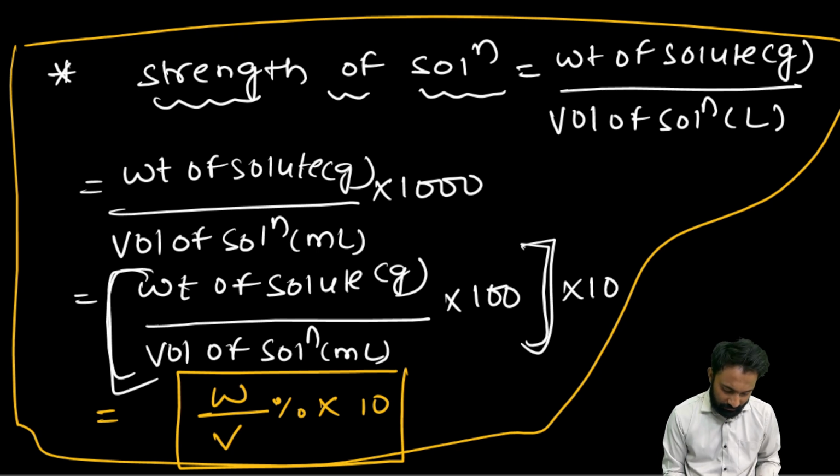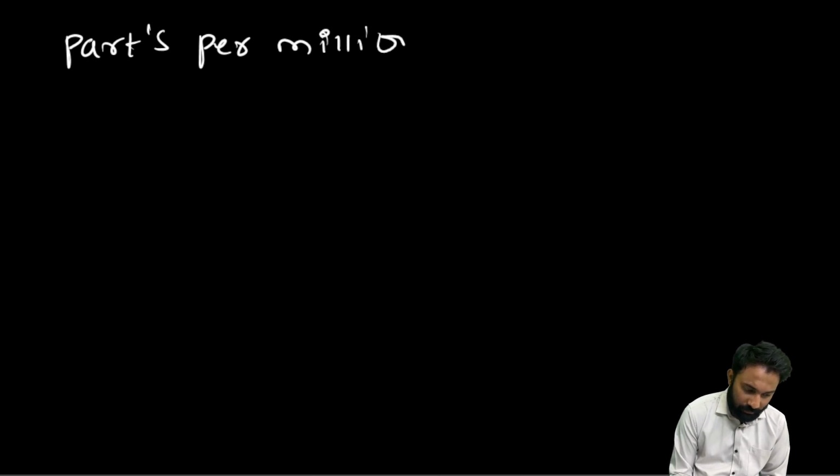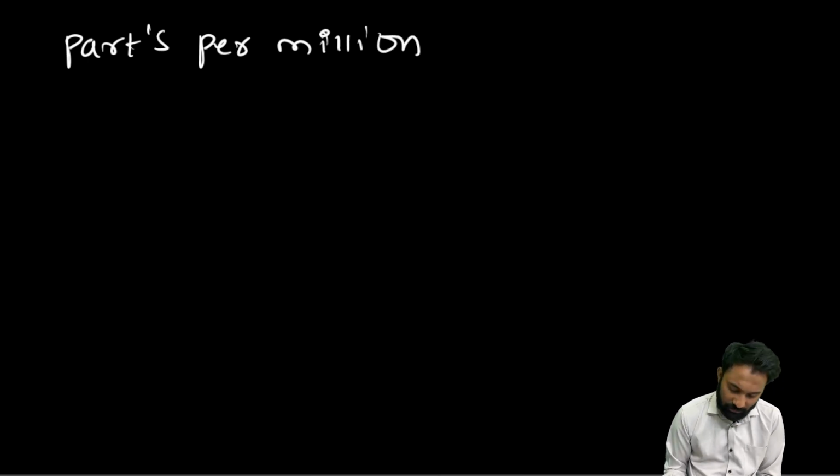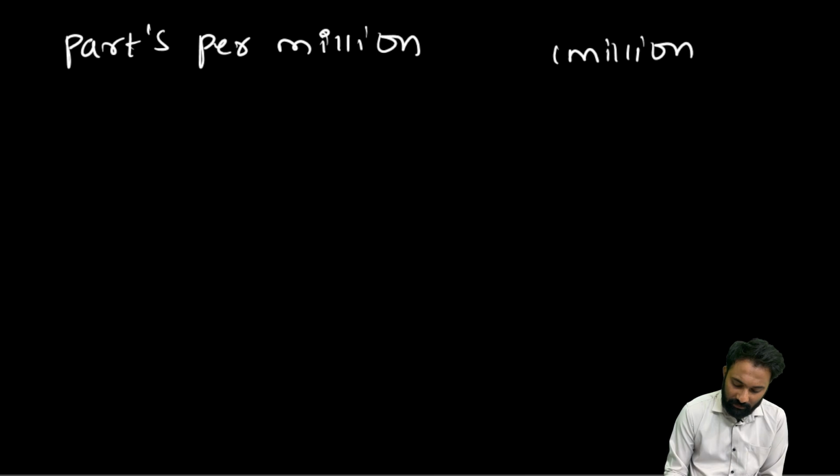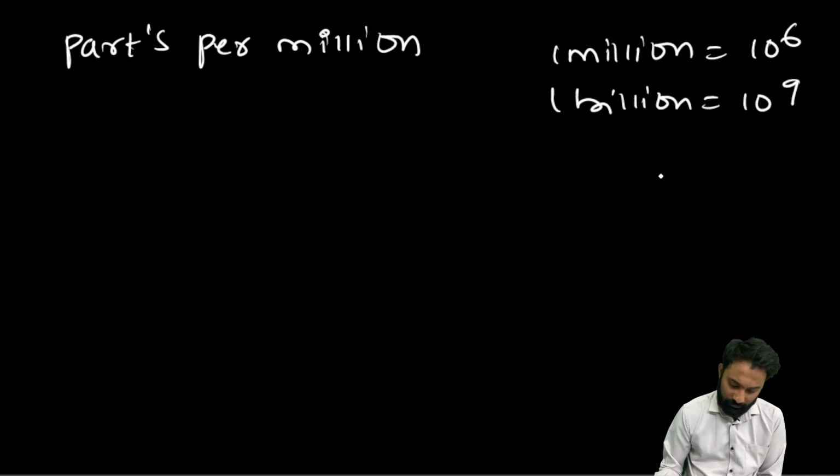Now next we are going to see another concentration term, that is parts per million. Clear? What is a million? Here million means 1 million, which is equal to 10 to the power 6, and 1 billion will be equal to 10 to the power 9.